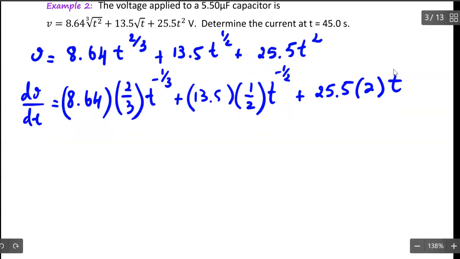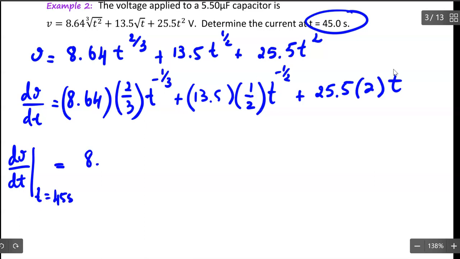So at this point, I will evaluate this at the time t equal to 45 seconds. I substitute everything in at once, and then I use my calculator.